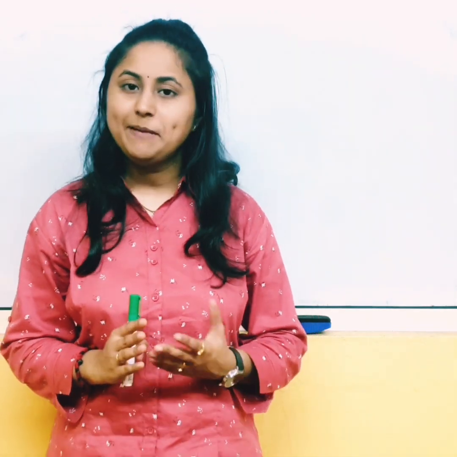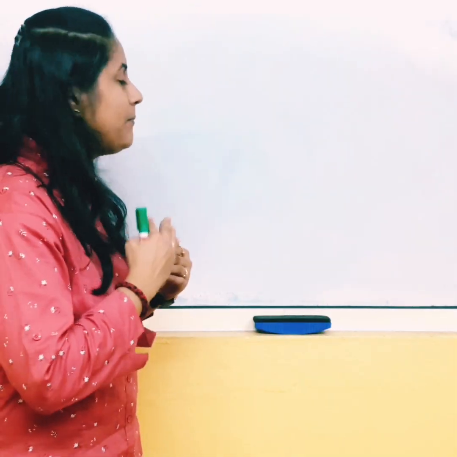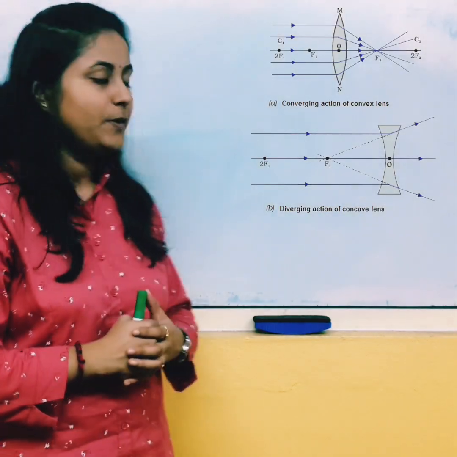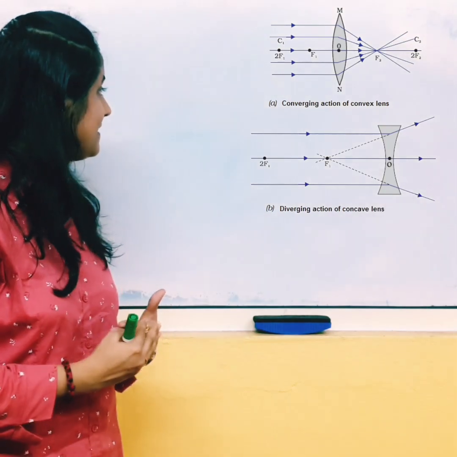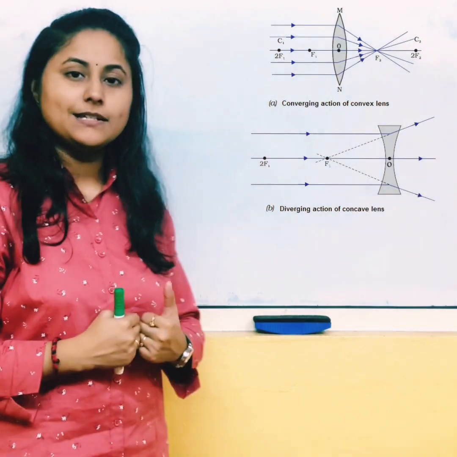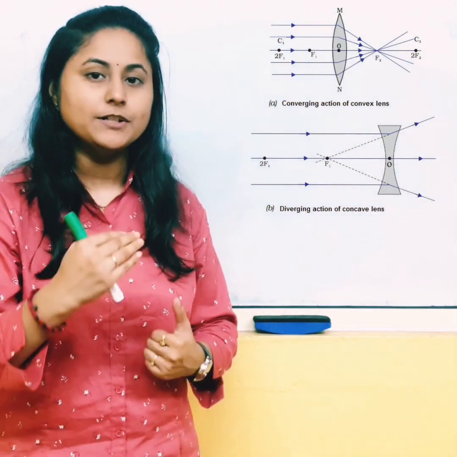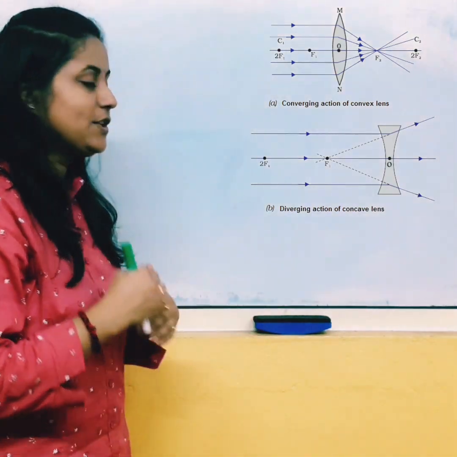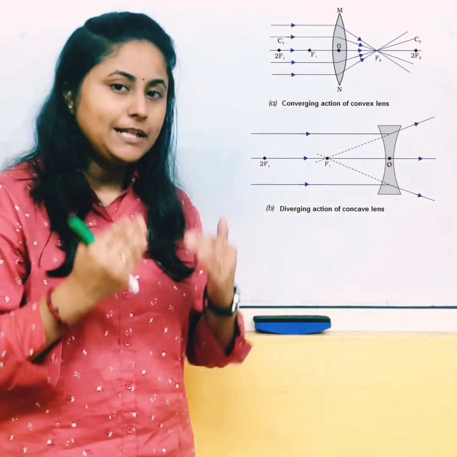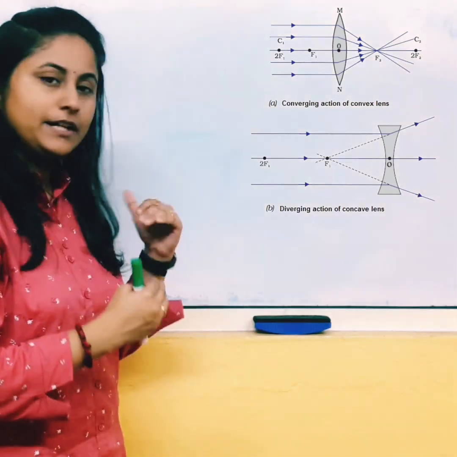Now let us understand spherical lenses. Under spherical lenses we have concave lens as well as convex lens. Let us understand the distinguishing points between both the lenses. Here you can see the image of it. A convex lens is a lens which has two spherical surfaces which are bulged outwards, and a concave lens is a lens which has two spherical surfaces bulging inwards or curved inwards.